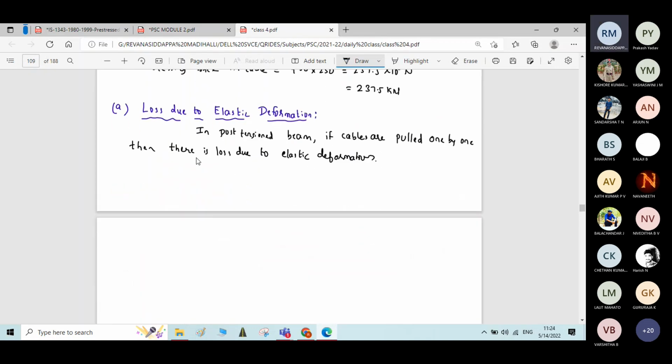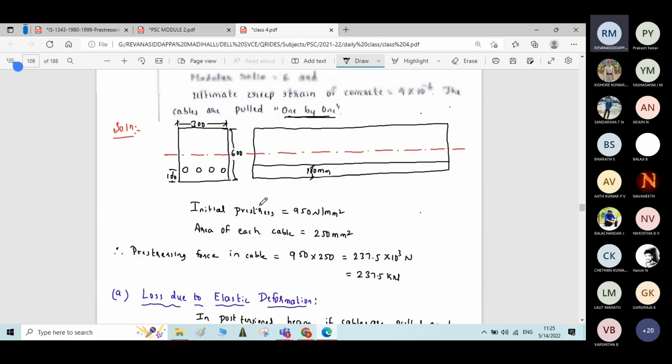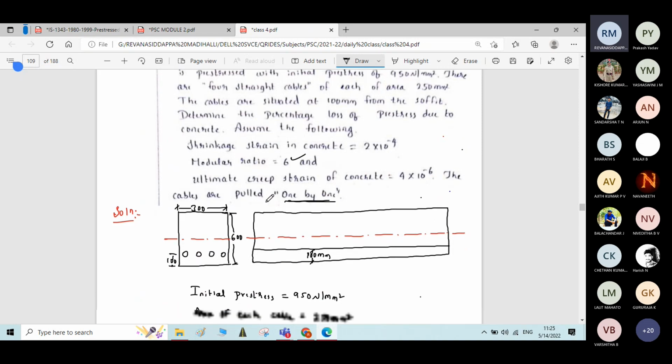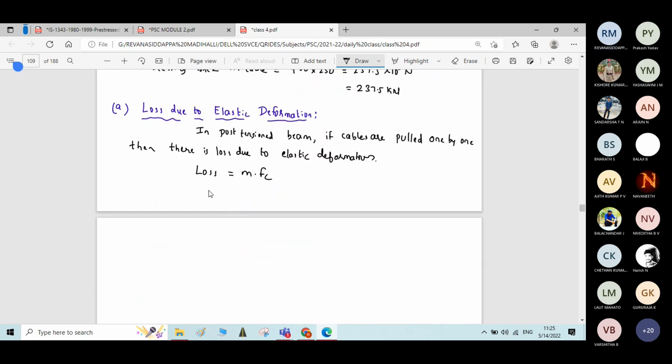What is M? M is the modular ratio, which is the ratio of Young's modulus of steel to that of concrete. It is directly given in the problem: M is equal to 6.